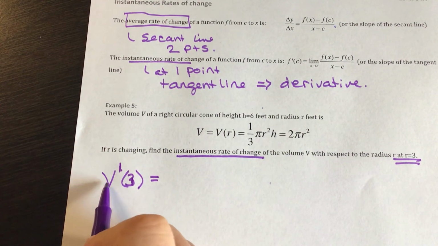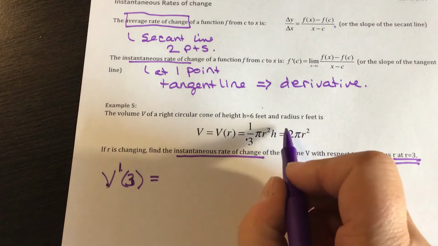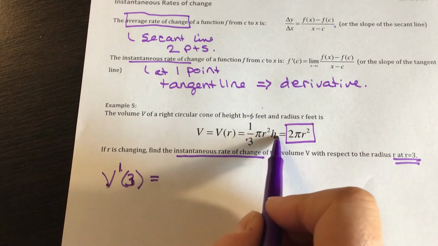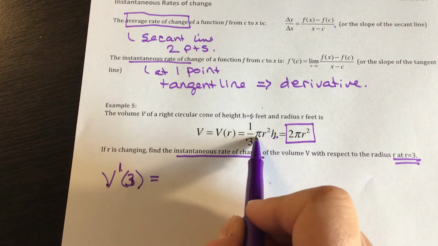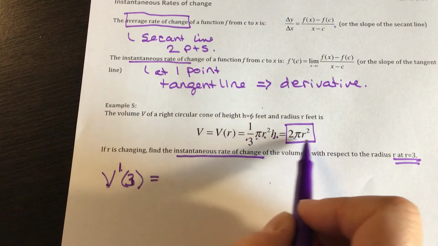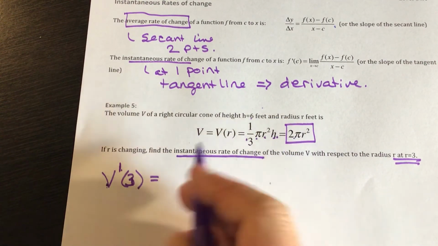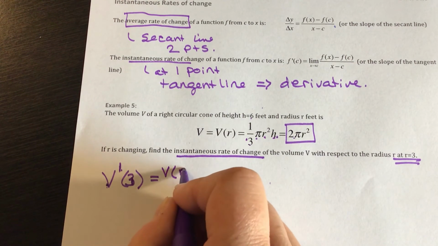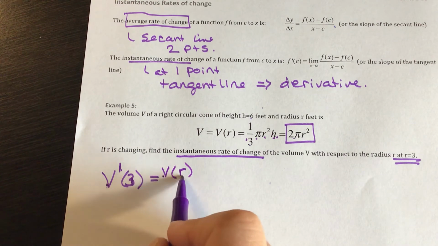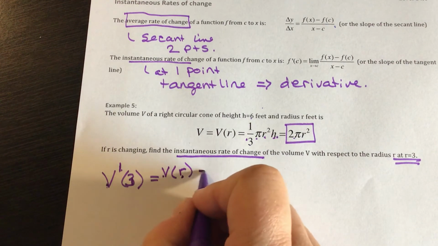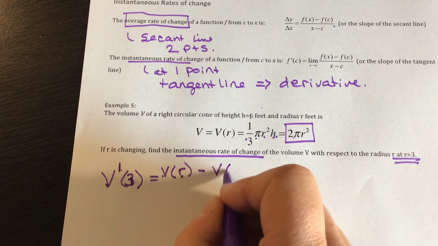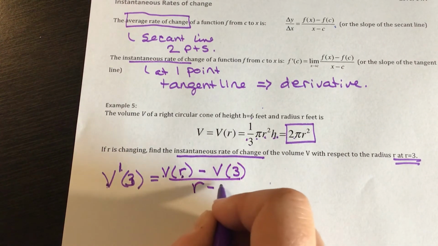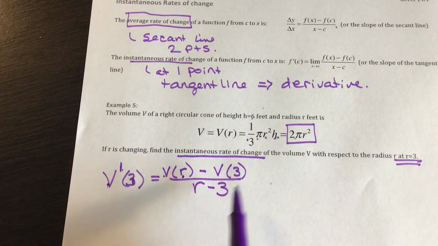I'm finding the derivative of this function. Okay, I plug in 6 here. A third of 6 is 2. 2 times pi r squared. This is the function. So I have V of r, which is the volume with respect to the radius, minus the volume at 3 over r minus 3. This is the same formula.